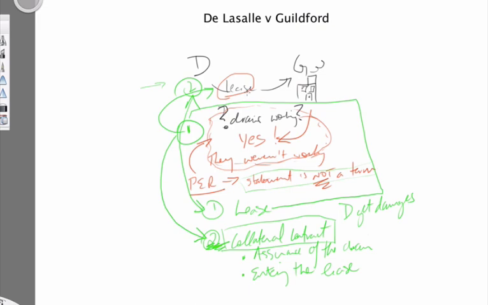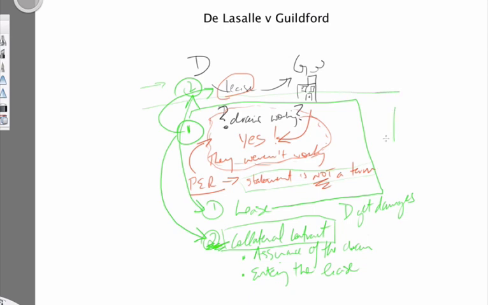While you might think it's roughly the same outcome, and in many cases it would if they get roughly the same level of compensation, if De La Salle actually wanted to get out of the lease, under the collateral contract decision, he can't, because there's nothing actually wrong with the lease.